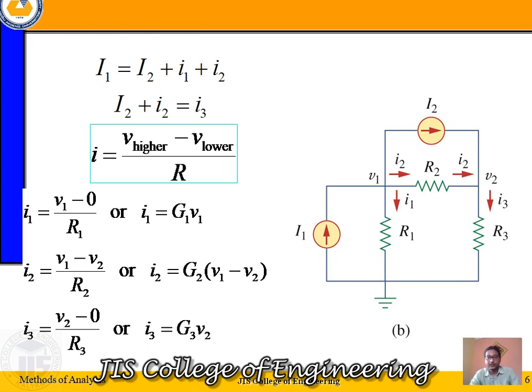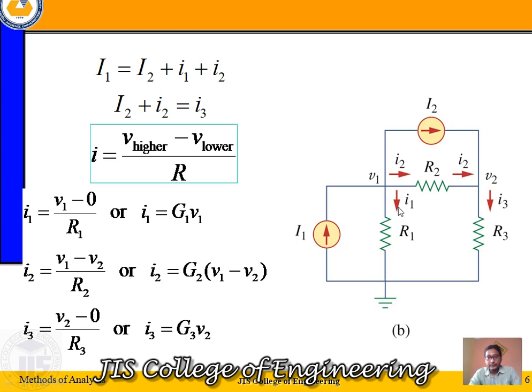Now, as we have considered this I1 current is from up to downwards, this is our assumption. So obviously we have considered that V1 is at the higher potential and 0 is the lower potential, right? Because we know that current flows from higher potential to lower potential.